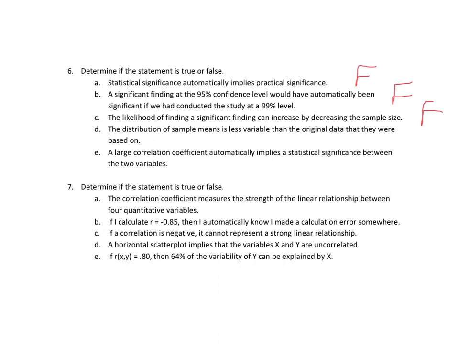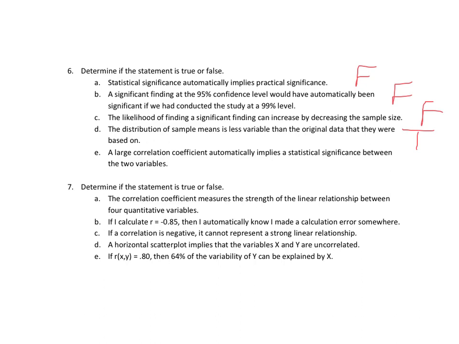The distribution of sample means is less variable than the original data that they were based on. This is in fact true. If you remember sigma versus sigma over root n, n is a positive number, it's the sample size. Square root of n is a positive number, it's based on the sample size. So I have a positive number in the denominator versus 1 for the other denominator.